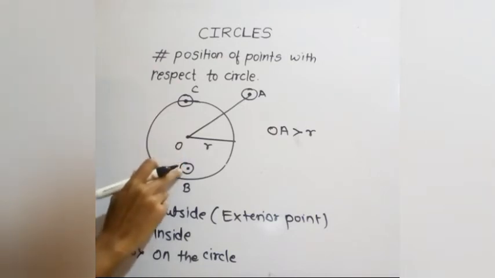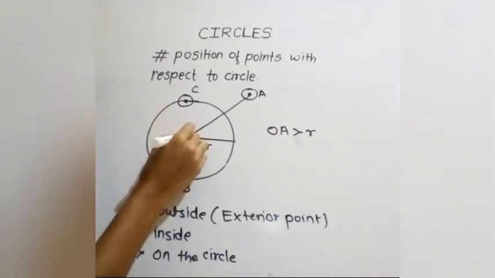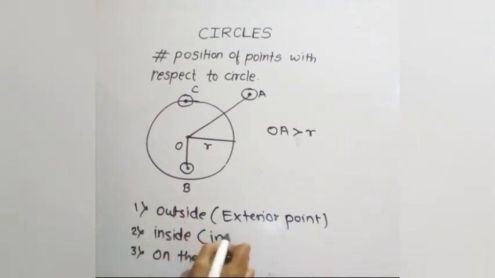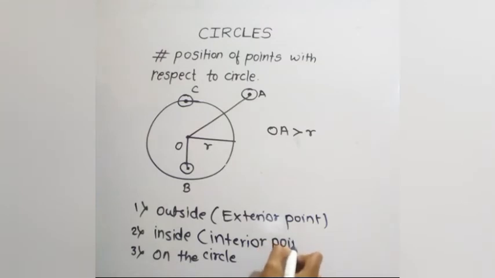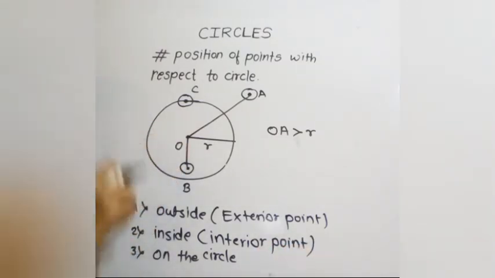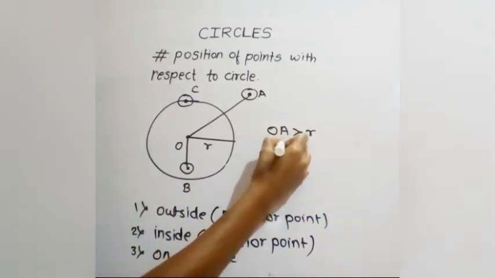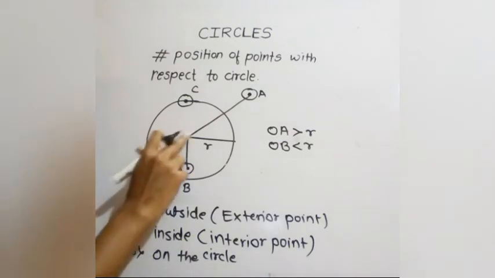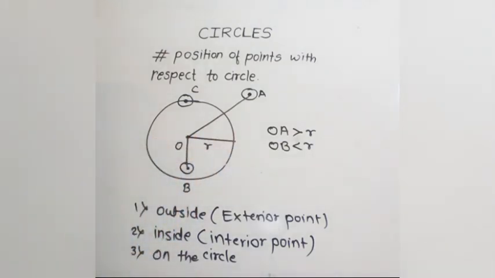If I connect the center with an interior point, and an inside point is called an interior point, then I can say OB is less than R, because R is greater than this OB distance.